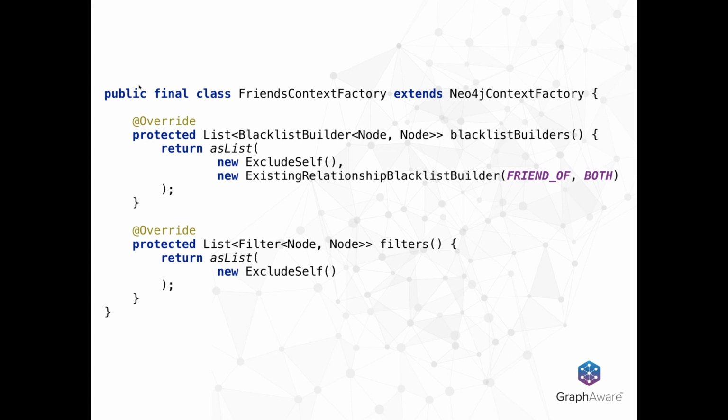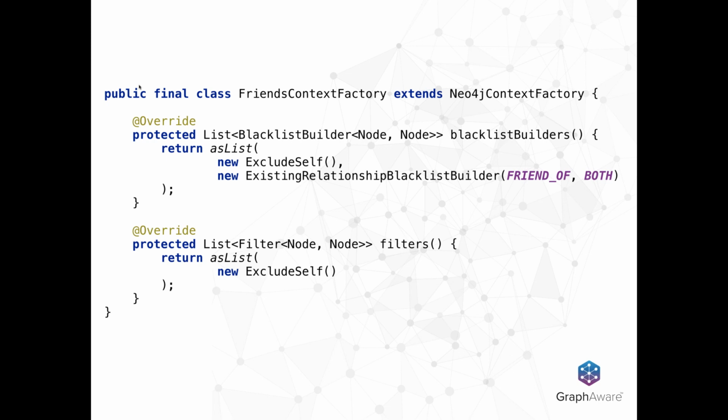Let's look at the top part here, the blacklists first. We have an existing relationship blacklist builder, which basically says, before you embark on this whole recommendation journey, build a list of people that the person is already friends with, so we should not recommend them. And of course, you can build your own blacklist builders.